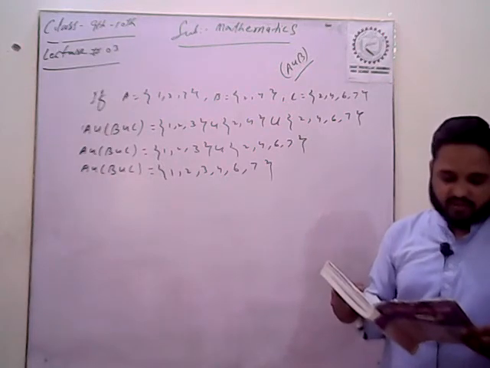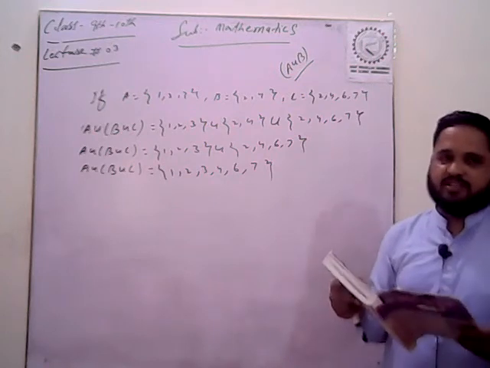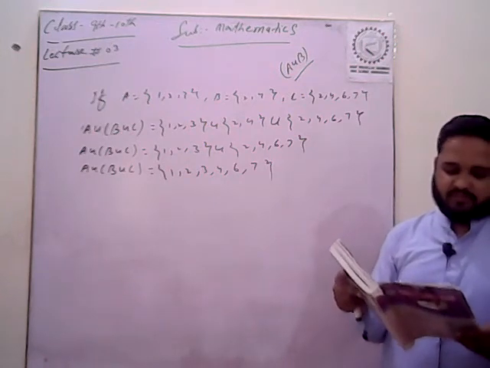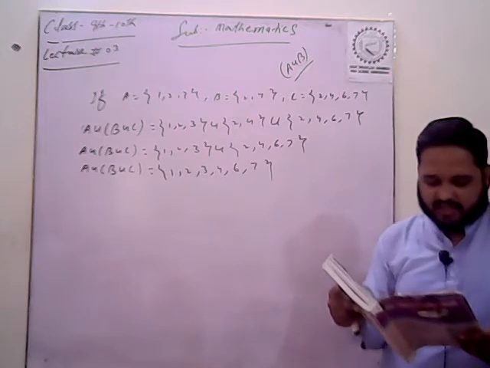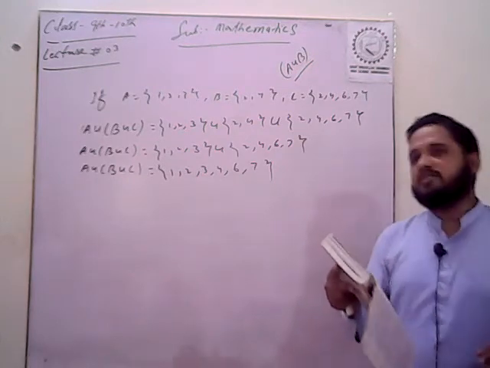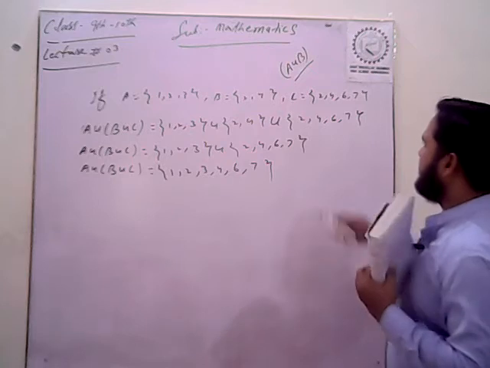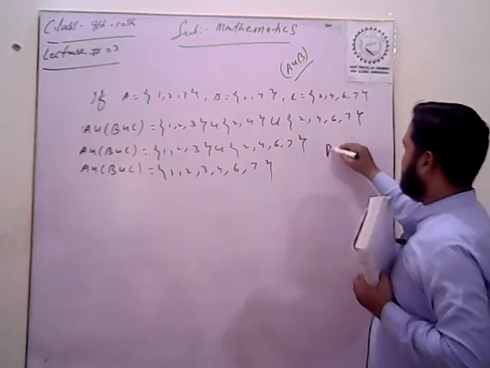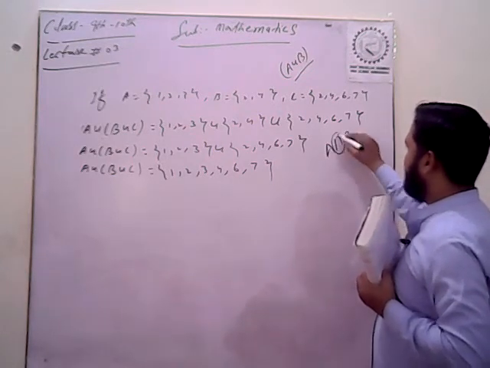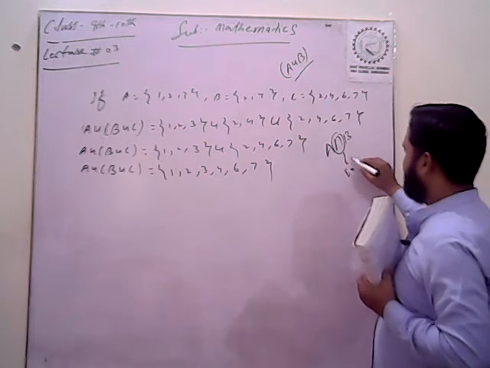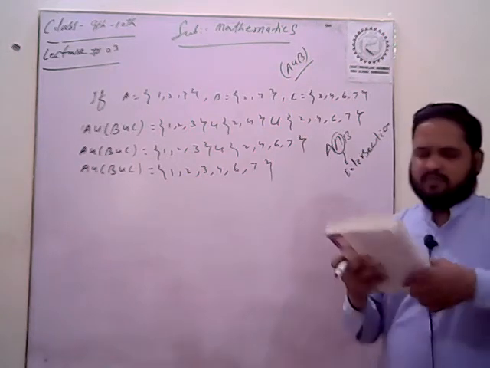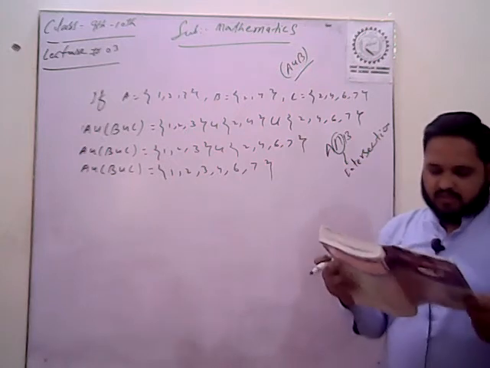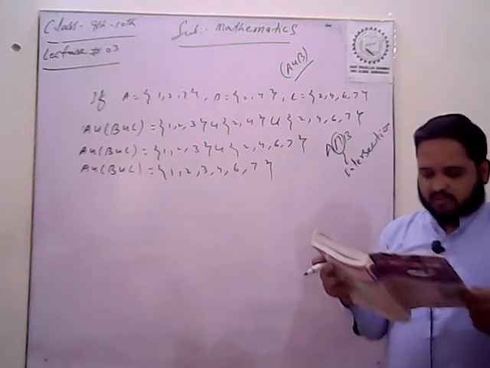Now the definition of intersection of two sets. The intersection of sets A and B, which is denoted in mathematical form as A intersection B, this symbol is called intersection.